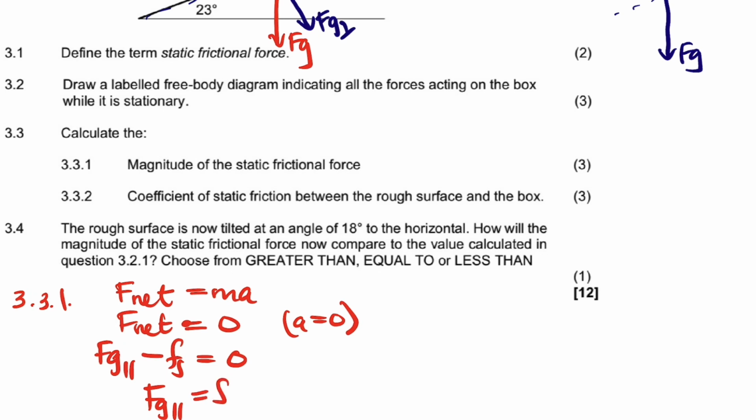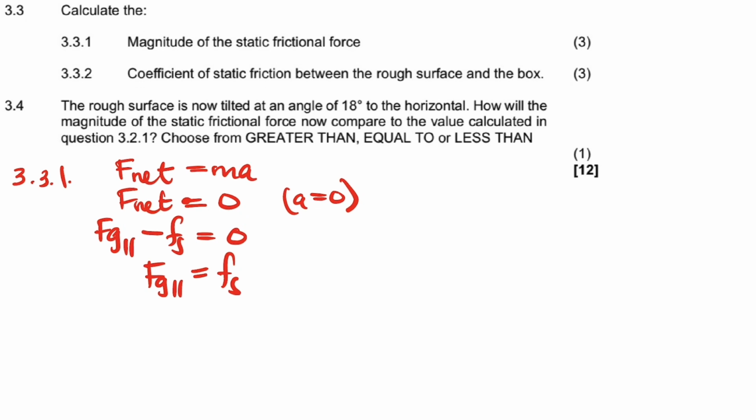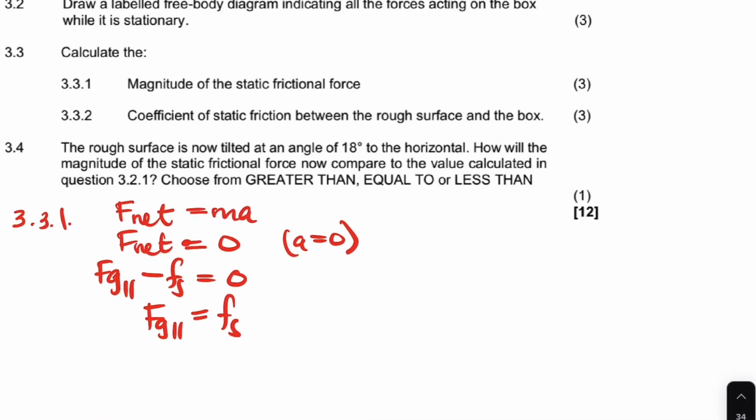So FG parallel is equal to the static frictional force. In this case, we are asked to find the static frictional force. So the way we're going to find it, we will have to calculate the FG parallel. So the static frictional force is equal to the FG parallel.